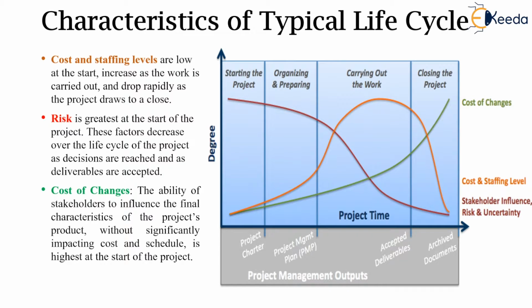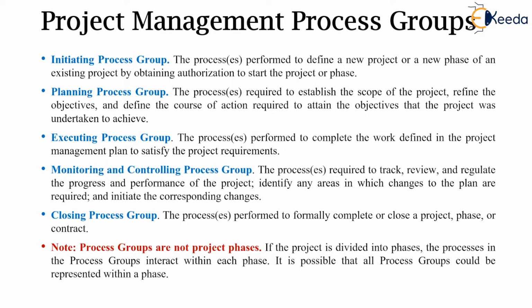If there are changes, the designers etc. will charge you for change of scope etc. And moreover, in the closing stage, if it is required to make any changes, the cost is significantly high, which will overall impact not only the cost but also the project timelines. And time is money. Hence, it is best suited that value engineering is carried out at the beginning of the project itself. Moving further to the details of project management process groups.